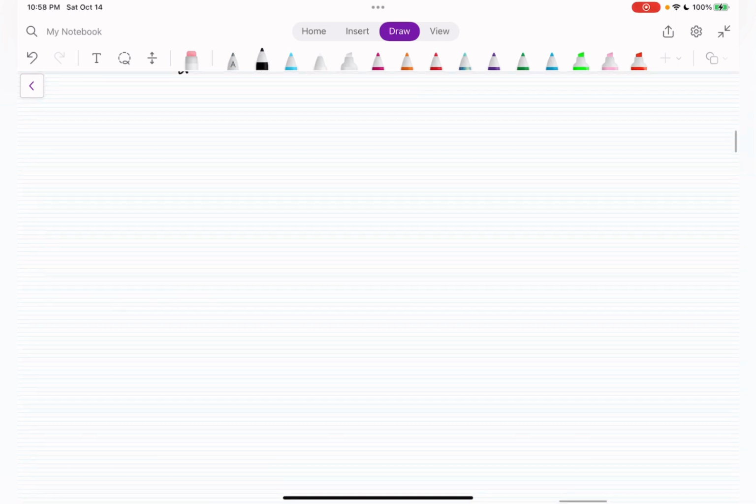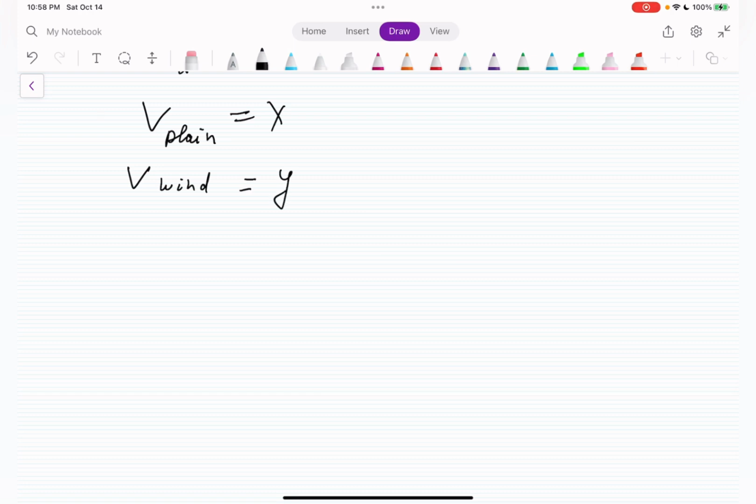So v is the speed of the plane in the still air, it's going to be equal to x. The speed of the wind is what is asked, and we are placing it as y. Okay.